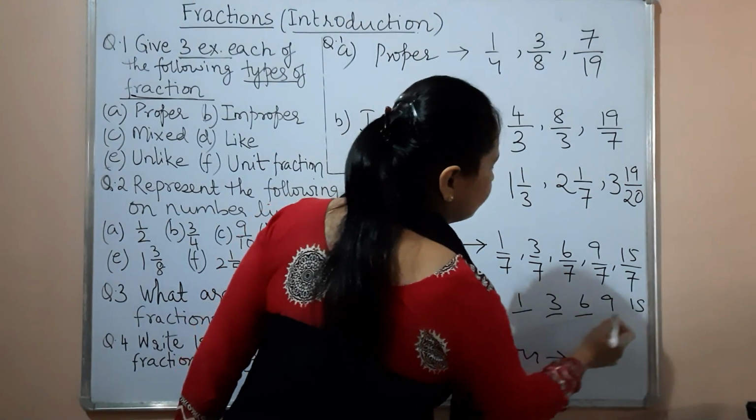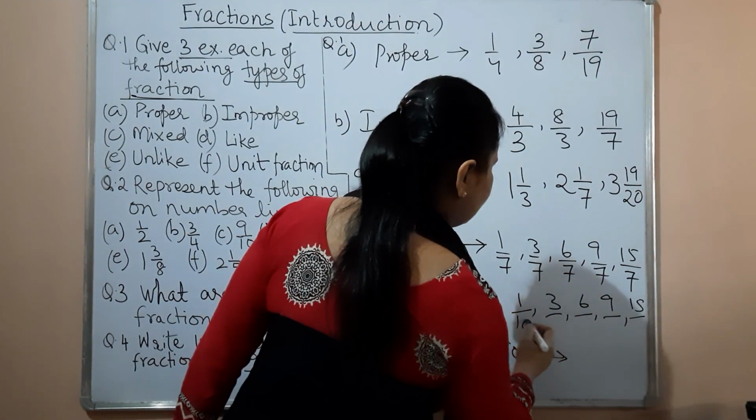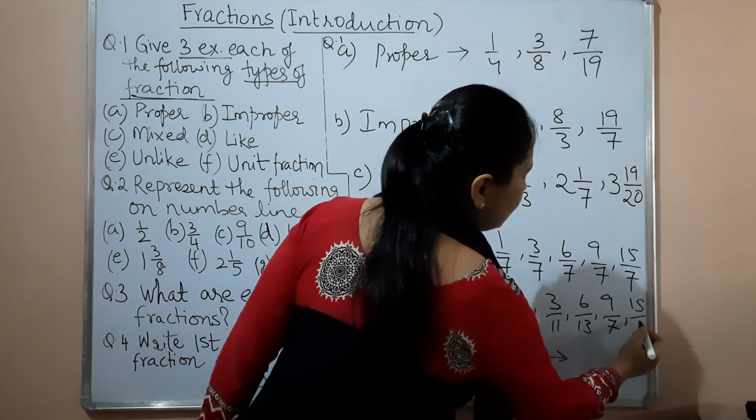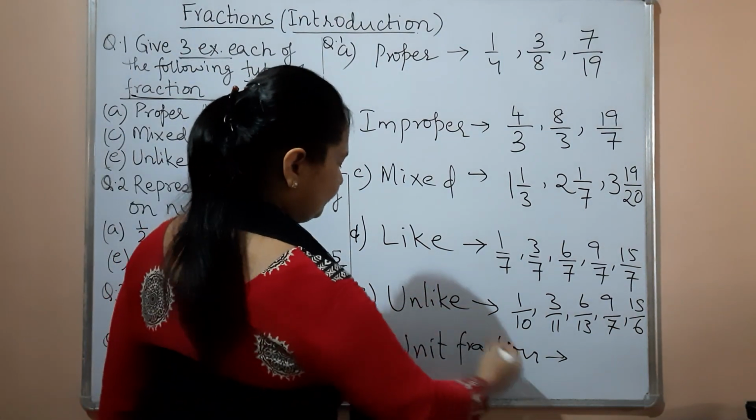And if I have denominators, say 10, 11, 13, 7 and 6, they become unlike fractions.